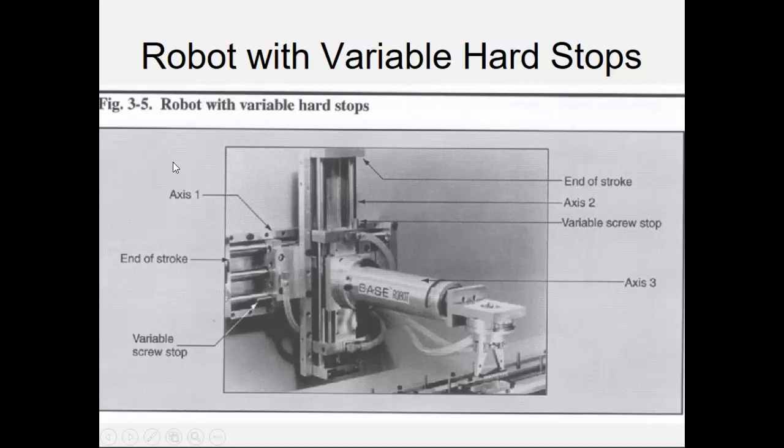So this guy has variable hard stops. Now, first of all, what kind of robot do you think this is? What do you think it moves in? What's its arm geometry? Give y'all a little hint here. It's able to move up and down, it's able to move left to right, and I think this moves in and out.